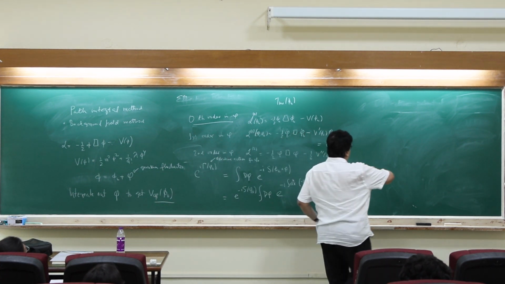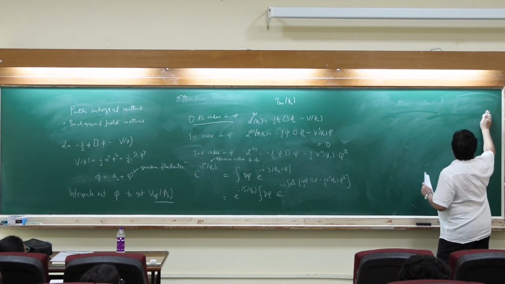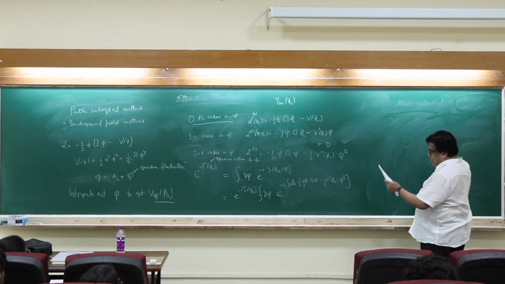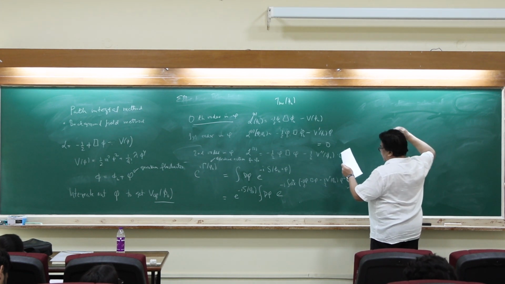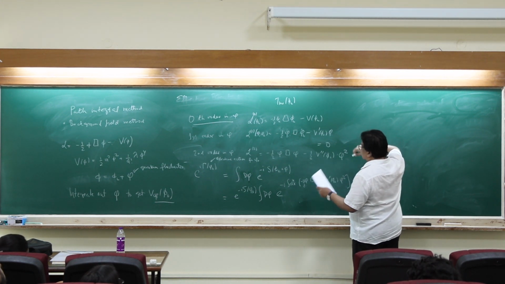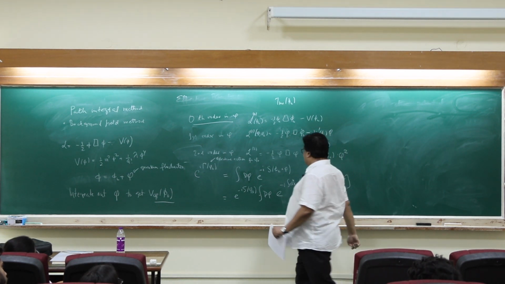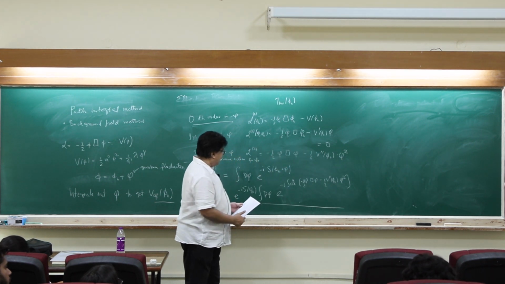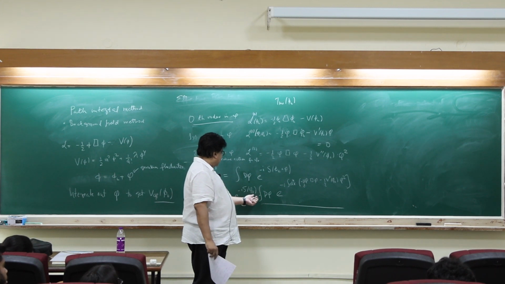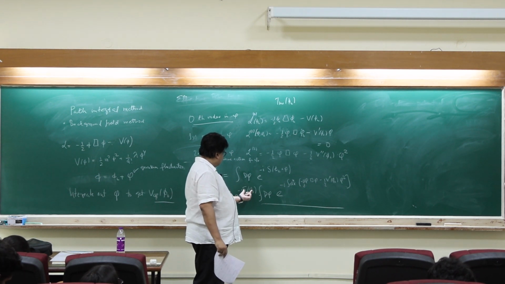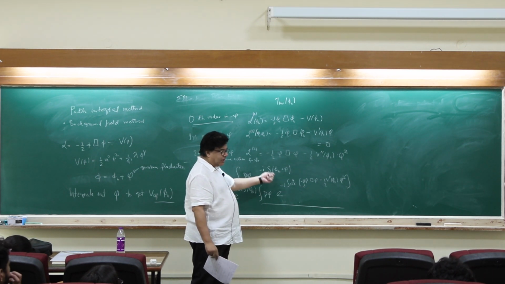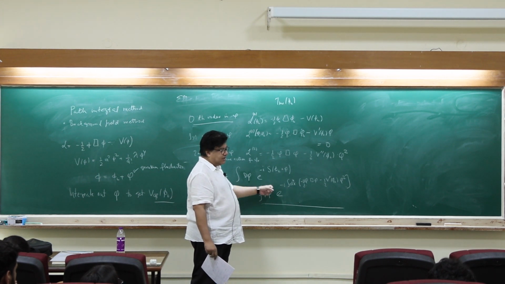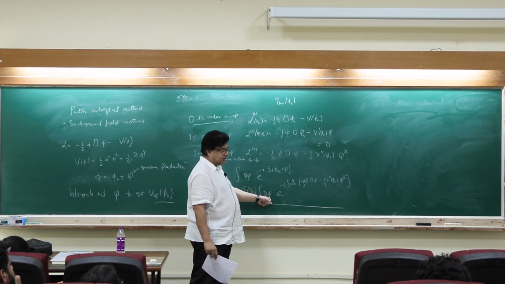So here what you do is go to Euclidean space and you write this as, so we want to calculate this object. Whatever we get from this object, we'll add to my classical action, and that will be what I will call the one loop action, because I am just integrating out d phi once.